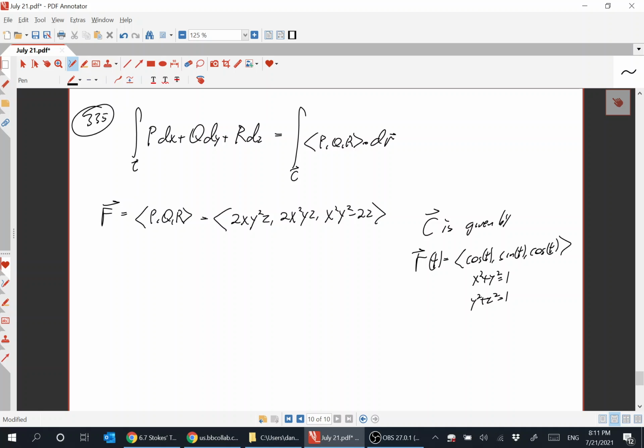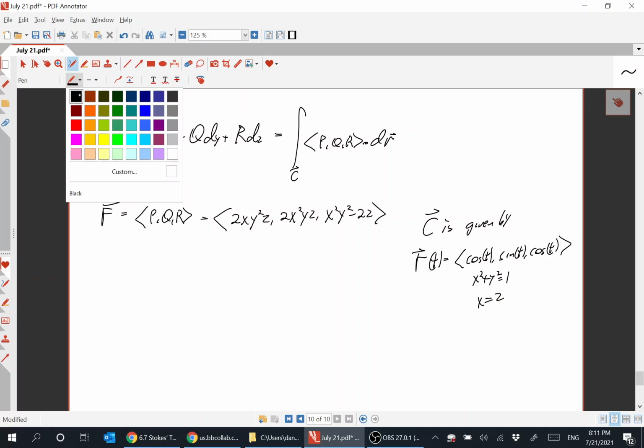So it's just this oval pattern. Also, you have x equals z, so it's the intersection of the cylinder x squared plus y squared equals 1 and the plane x equals z.